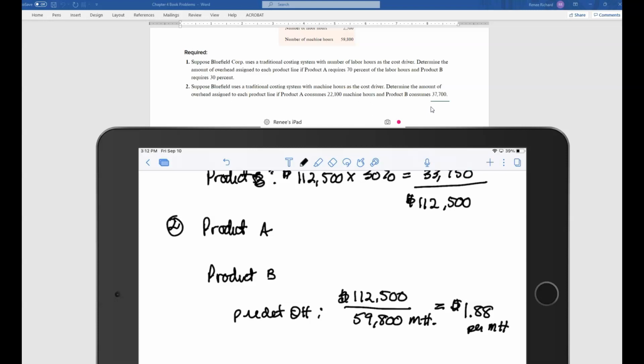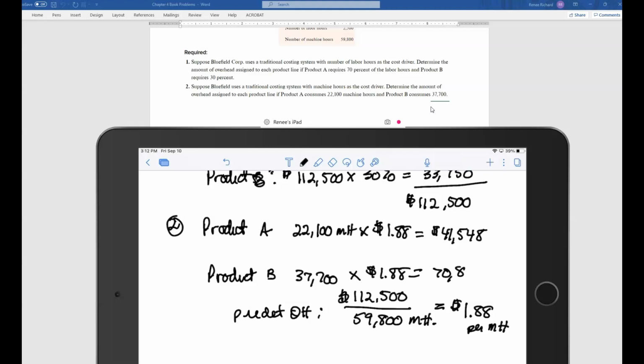Okay, so product A uses 22,100 machine hours times $1.88. You'll get 41,548 rounded. Product B consumes 37,700 times the $1.88, and you get 70,876.